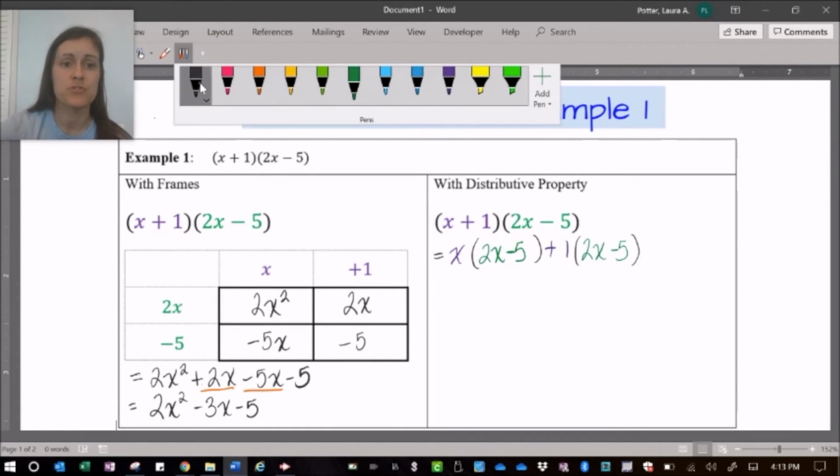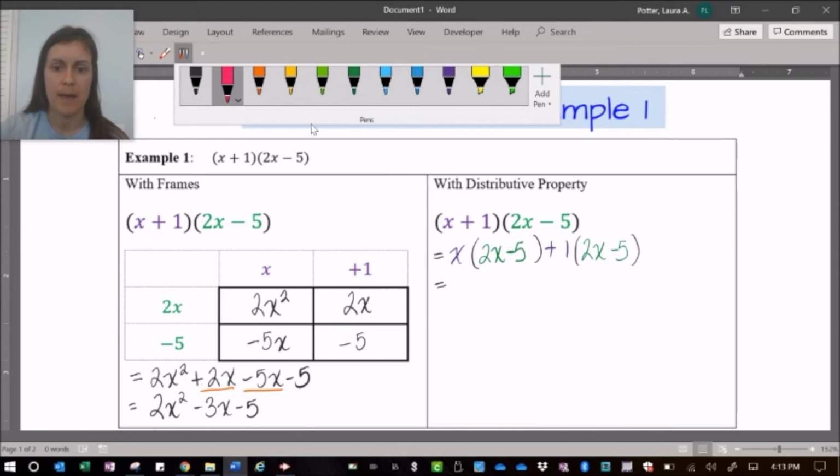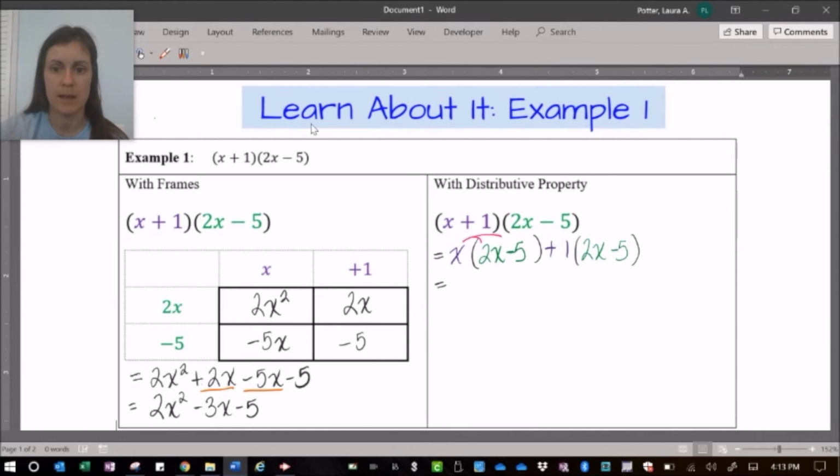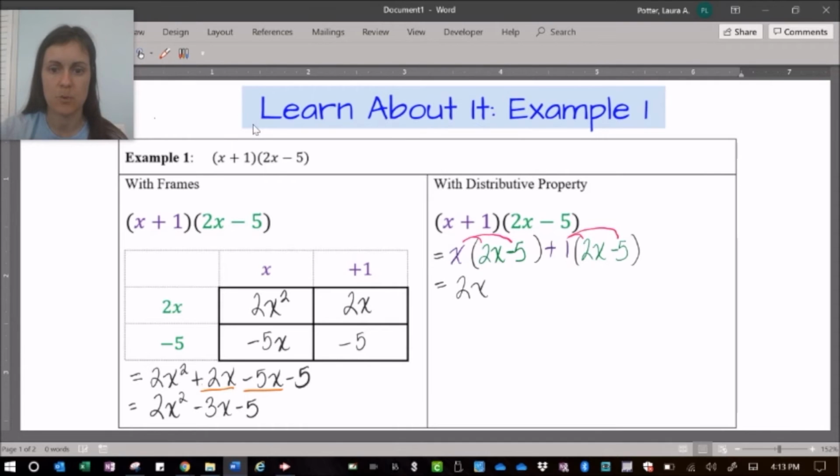Now I'll apply the distributive property again for each of the terms in my expression. So that means I'm going to multiply x times 2x and x times negative 5, and 1 times 2x and 1 times negative 5. X times 2x is 2x squared. X times negative 5 is negative 5x. 1 times 2x is 2x. And 1 times negative 5 is negative 5.